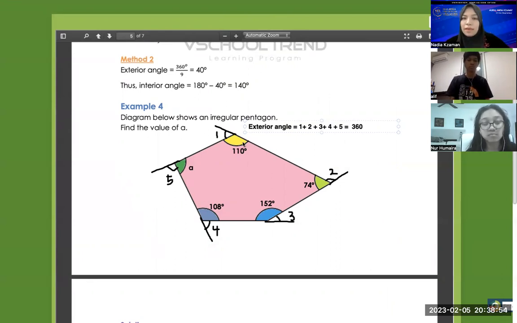So you have all the angles here. Can you find the exterior angle at 1, 2, 3, and 4? What will be the exterior angle at 1? Myra, calculate for 1 and 2. Alif, calculate for 3 and 4.